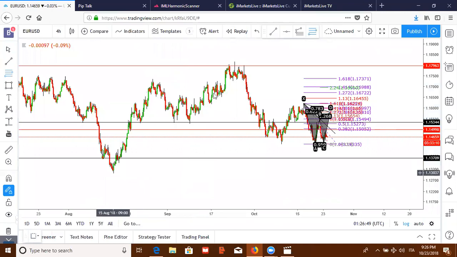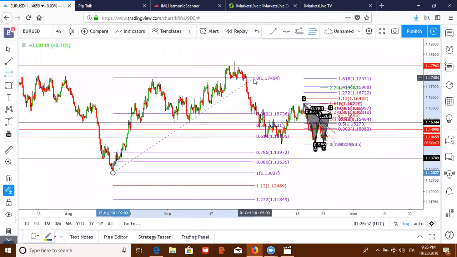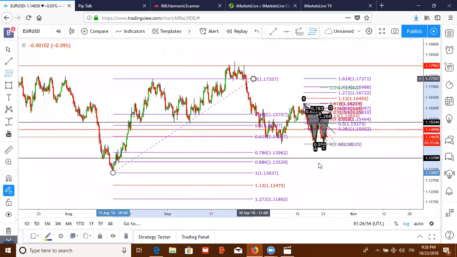And like I said, I'm not gonna go through the shark pattern real quick. I'm just marking this up. Price could push all the way down to this 88.6 level right here, all the way down through the 1.13 level.